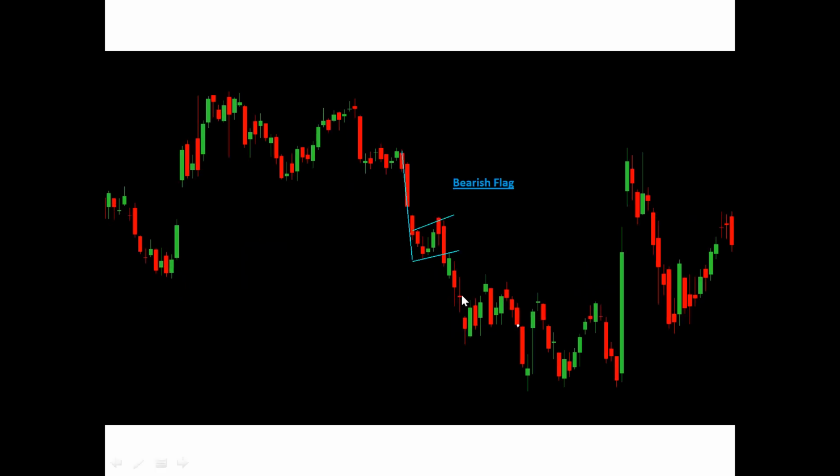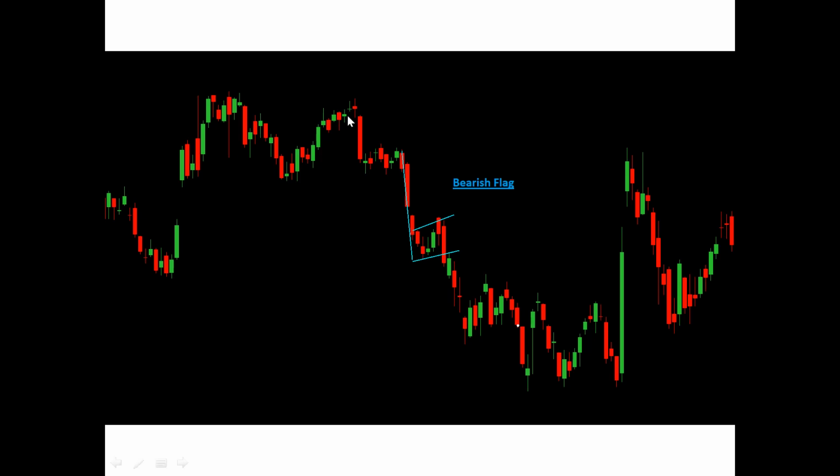So this is a bearish flag. In fact, the flag is formed here itself, but I neglected this because here we just had an impulse down move, right? You see this can be a pole and this is a consolidation. If you plot the two trend lines here, you will see there is a consolidation and there is a breakout and we have a huge down move.